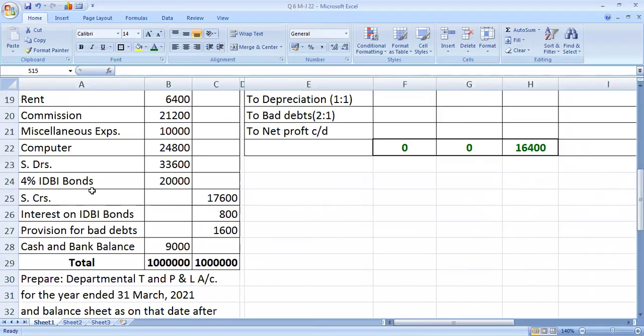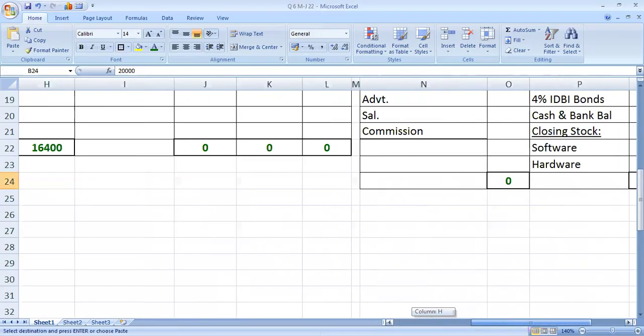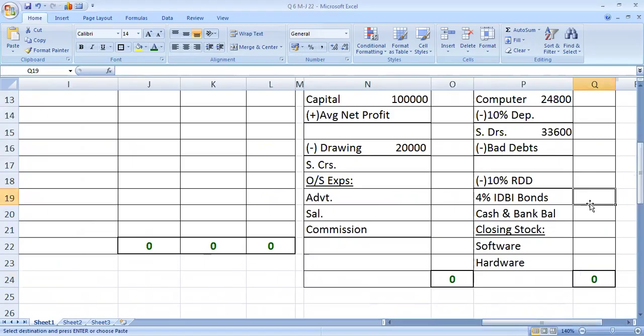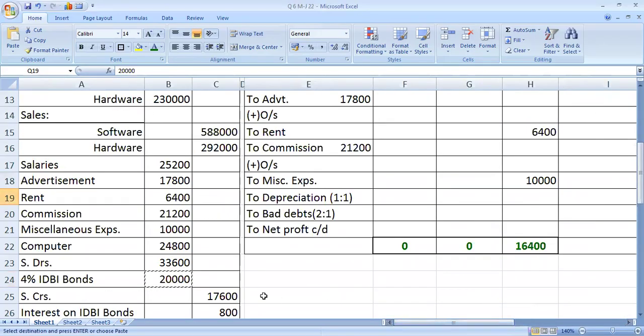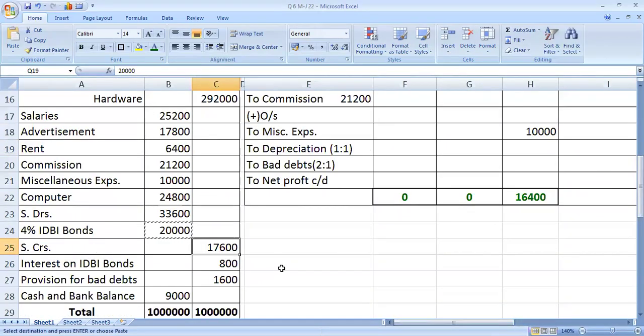4% IDBI bonds rupees 20,000. Effect goes to the balance sheet asset side. Sundry creditors 17,600.